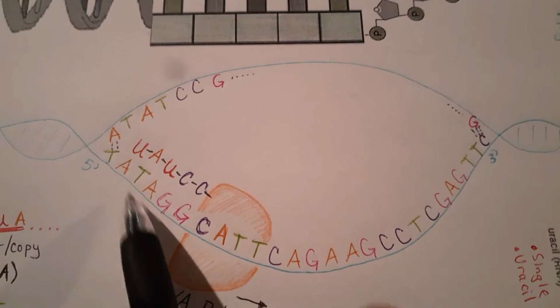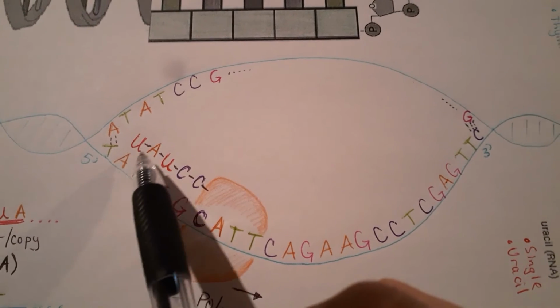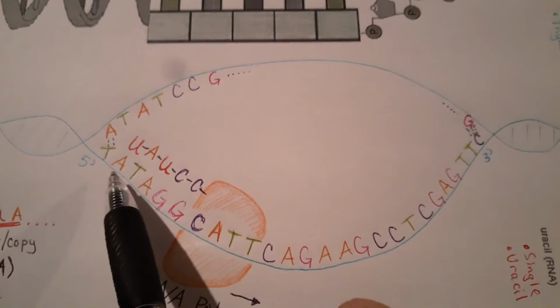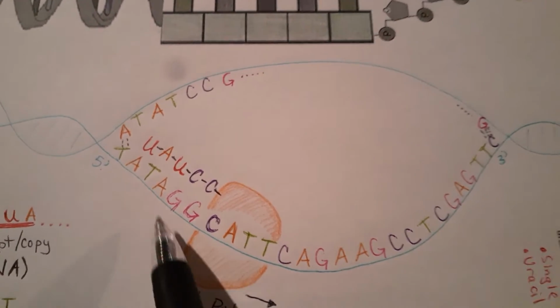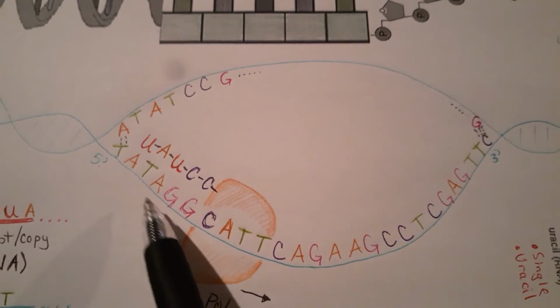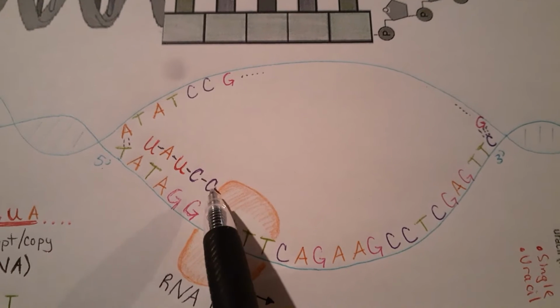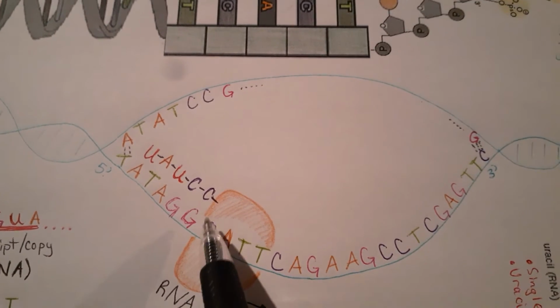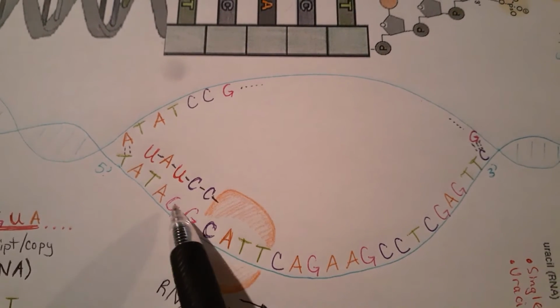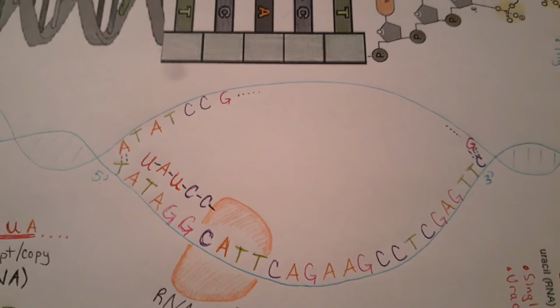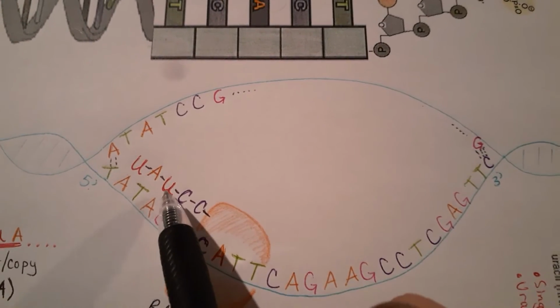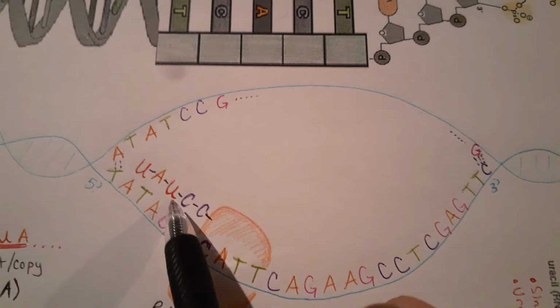Okay, so what we can see here is that RNA polymerase is going to fold itself around the DNA. And from the 5' to 3' direction, it is going to attach complementary nucleotides. So here we can see G goes with C, G goes with C, T goes with A. But wait, what about this? U, I have not talked about that before.